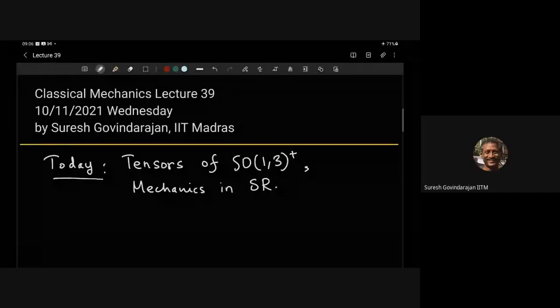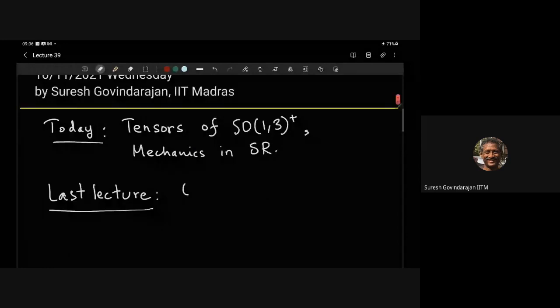Okay, so good morning. Last lecture, we worked out what the orthogonal group O(1,3) is, and we saw that this, as a set, is a disjoint union of four things.